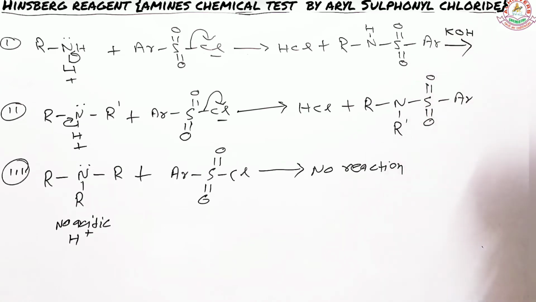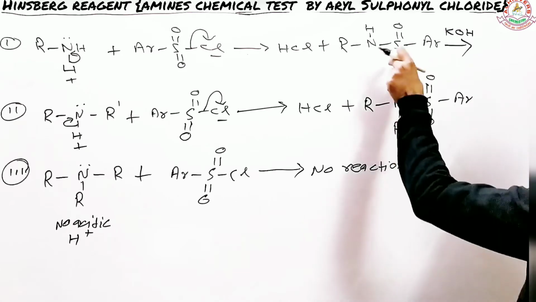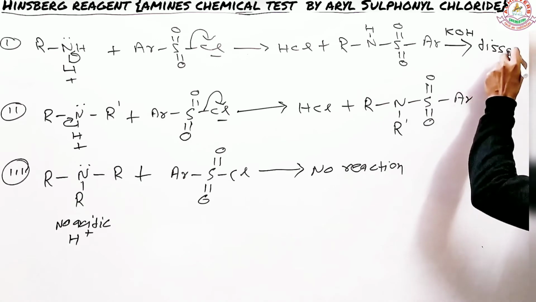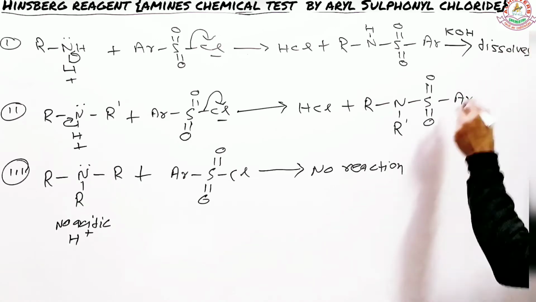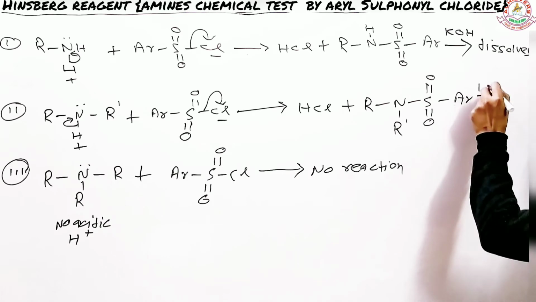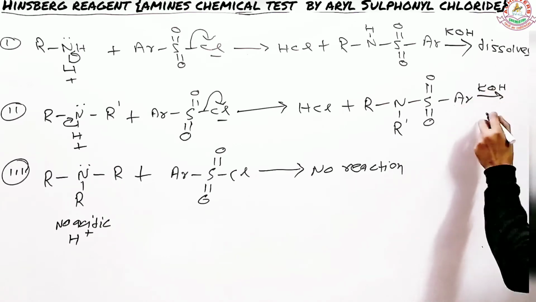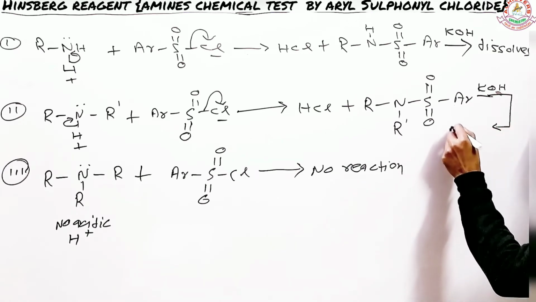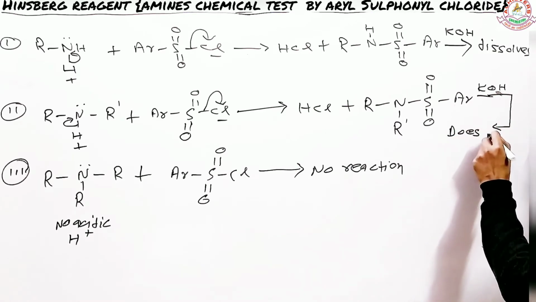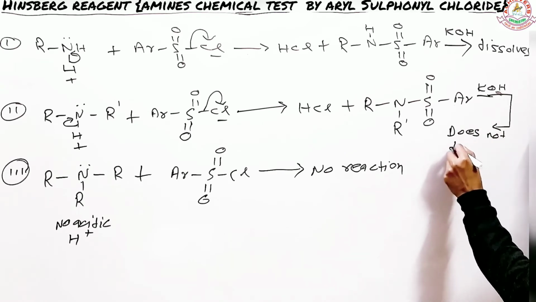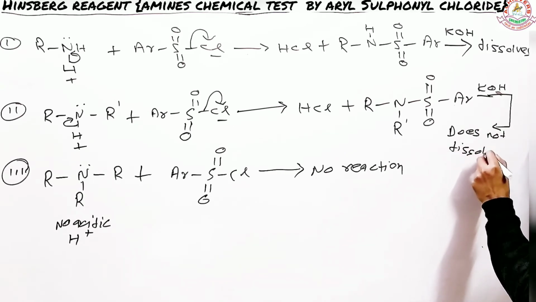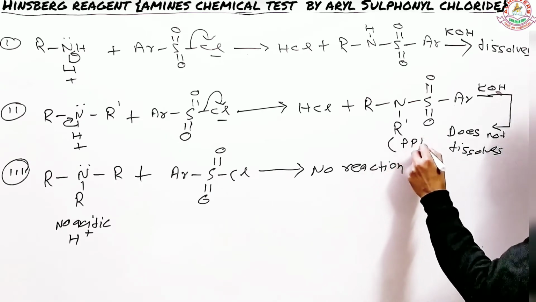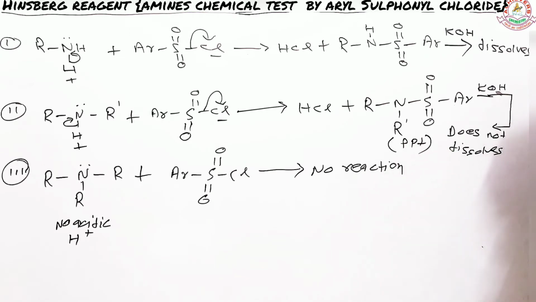This one dissolved. But this compound in KOH does not dissolve. So this one remains as a precipitate. But here, there is no product coming out.